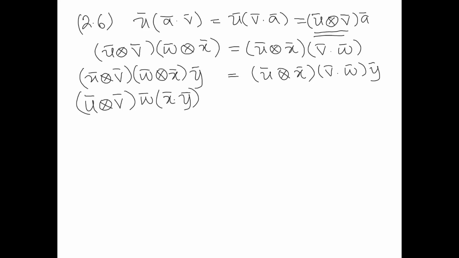And of course, you can also rewrite this as u times v dot w, x dot y. This also comes from what we know: when the dyad is operating on a vector, you get that.